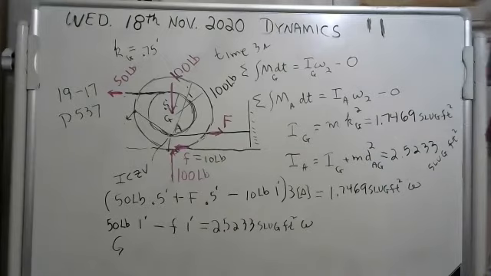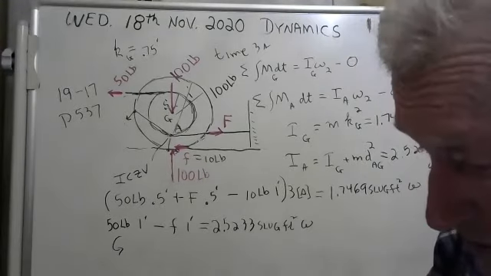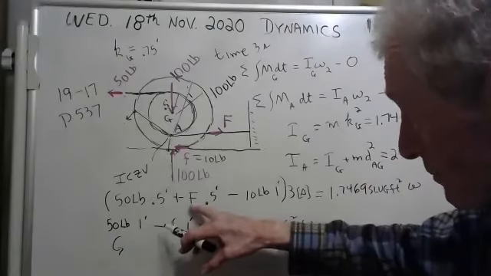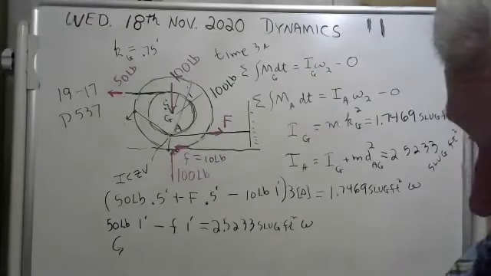Oh, dang, we still got 2 unknowns, don't we? In fact, I don't think we've improved our situation much. We got 3 unknowns now. We have big F, we have little f, and we have omega. So it looks like we're in trouble.